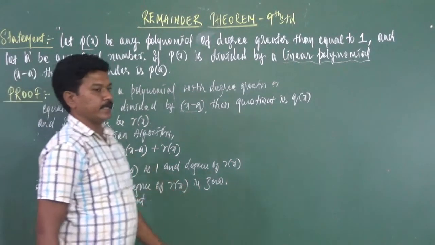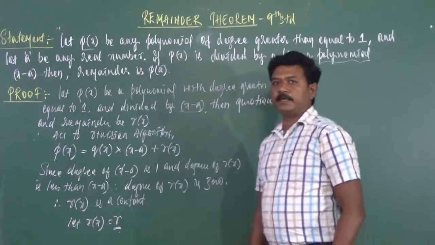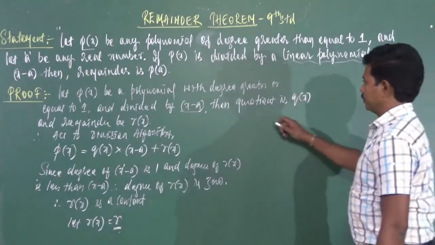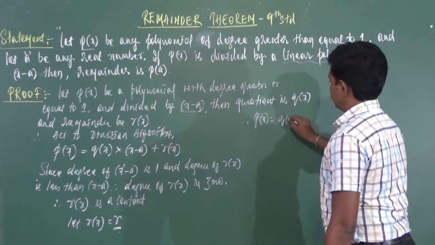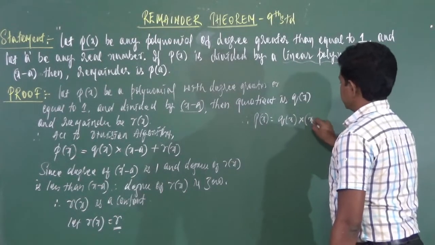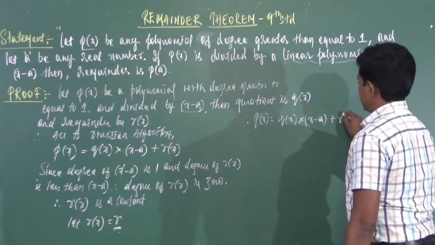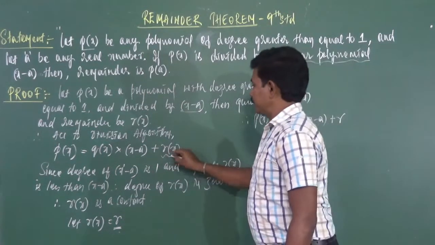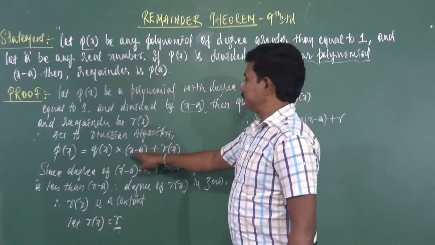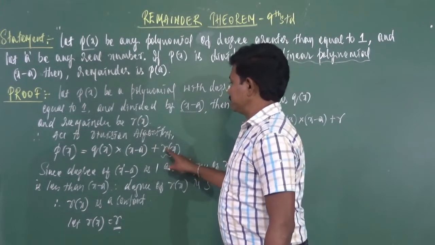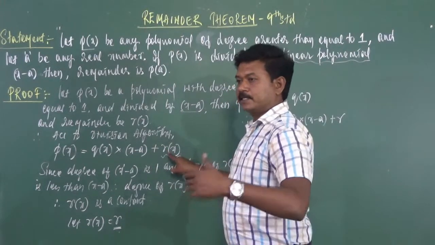Now we will again apply the division algorithm. So therefore p of x is equal to q of x into x minus a plus r. Instead of r of x, I am going to write r, because since the degree of the divisor is 1, the degree of the remainder should be less than 1.